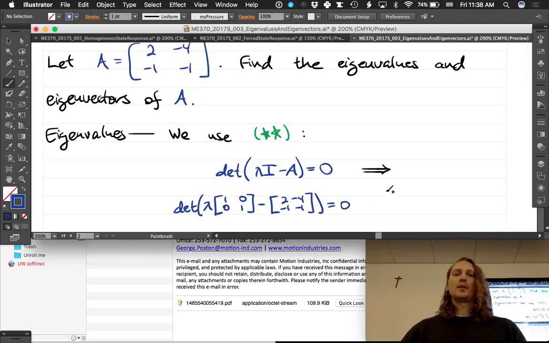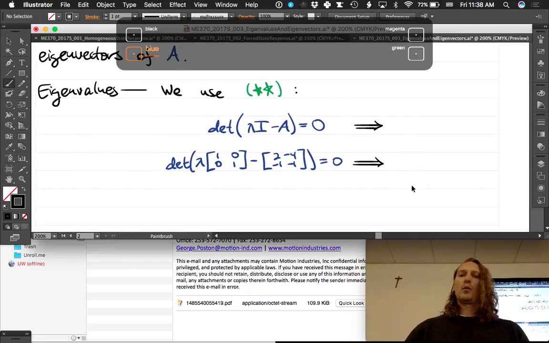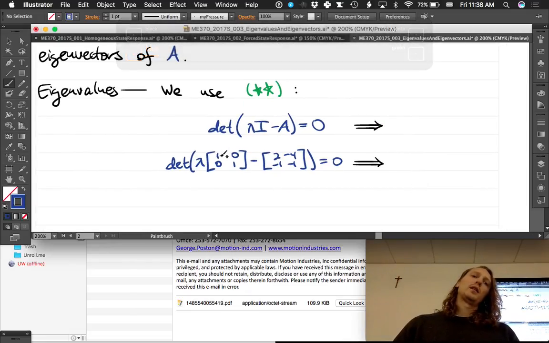And that has to be equal to 0. Okay, that's good. So the lambda is a scalar multiplying a matrix, so it multiplies each element of the matrix. So it's lambda times 1, lambda times 0, 0, lambda times 1.